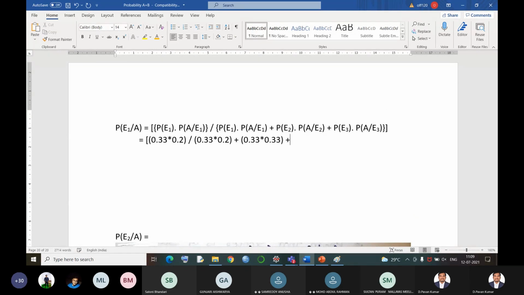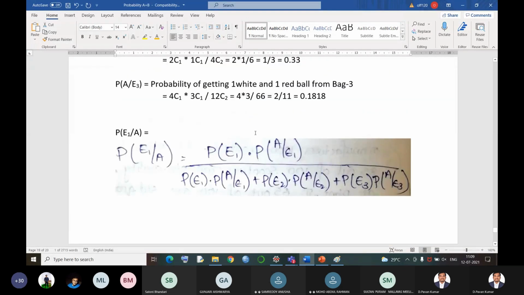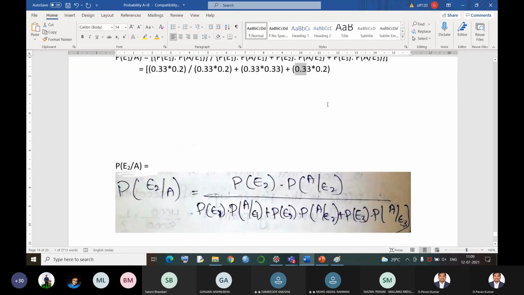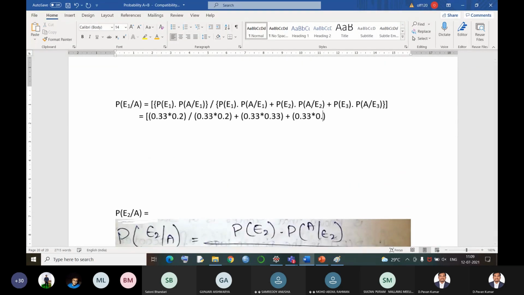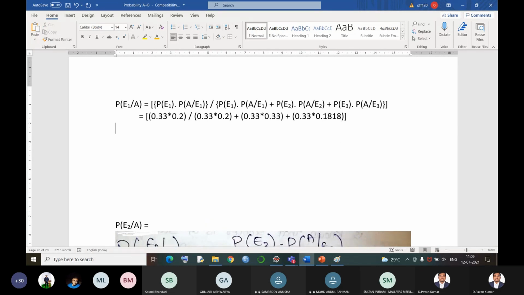Plus, again the probability of selecting third bag is 0.33, and the probability of getting one white and one red ball is 0.1818. This is the denominator of the problem.